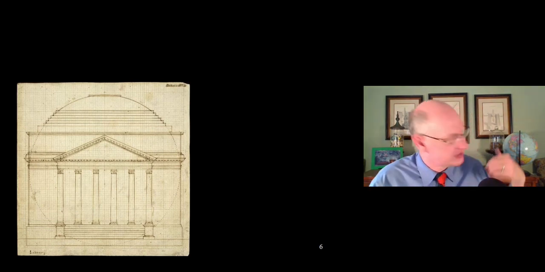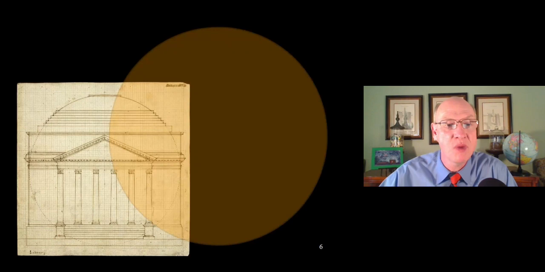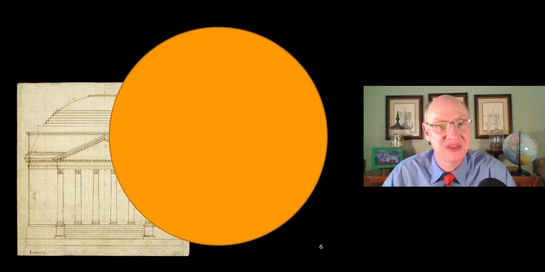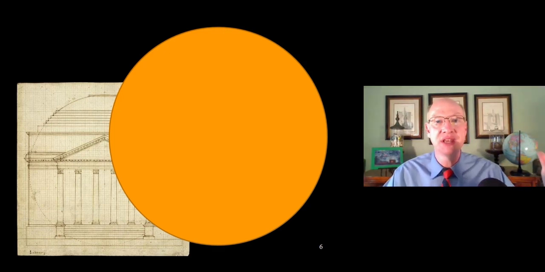That circle that Jefferson designed the Rotunda on has a diameter of about 75 feet. On our scale model, where the Earth is represented by that globe that is 1 foot across, the sun is somewhat bigger than the Rotunda. It's got a diameter of about 109 feet across. So if you stand on the lawn looking at the Rotunda and can picture how big the Rotunda is, now imagine the sun being somewhat larger than that.